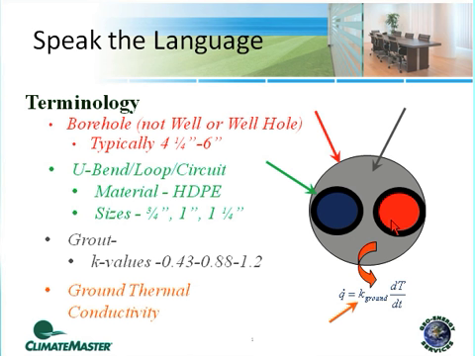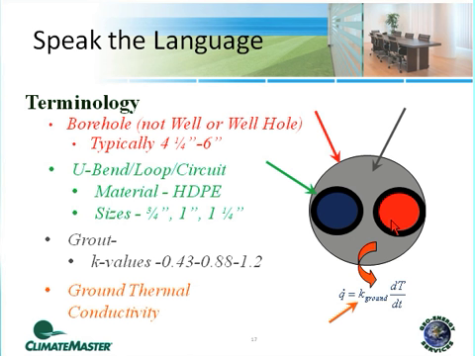The objective here is to reduce the borehole thermal resistance. The best way to do that is 3 things. Reduce the size of the borehole if we can, which sometimes we're limited on. We want to maximize the pipe surface area, which means put the biggest amount of pipe that we can in there, and that also reduces the least amount of grout that we could get in there.